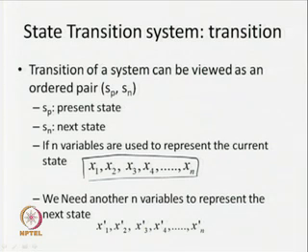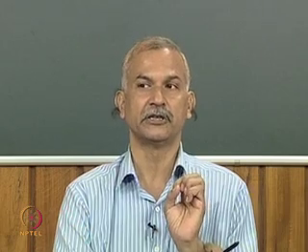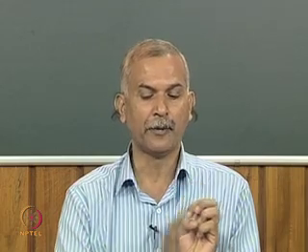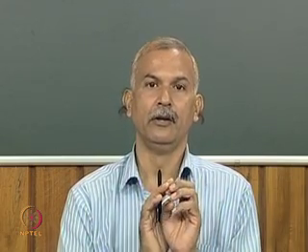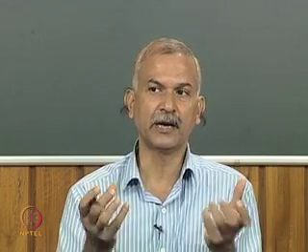My system is in a particular state at a particular instance of time, and I am going to say in which state my transition system is. I am going to represent this with the help of those state variables. The evaluation of these state variables is going to give me the current state.